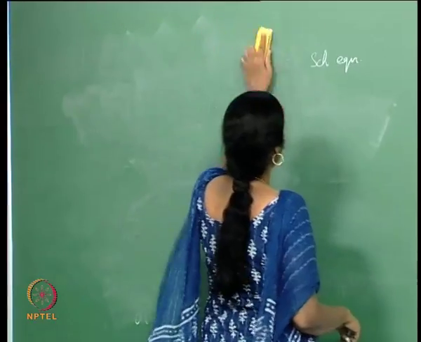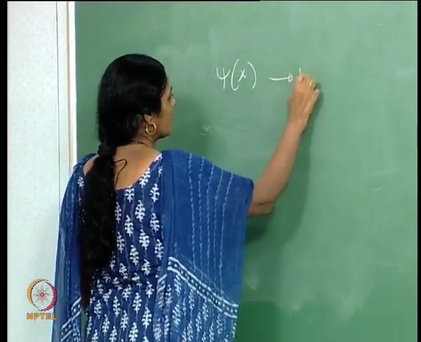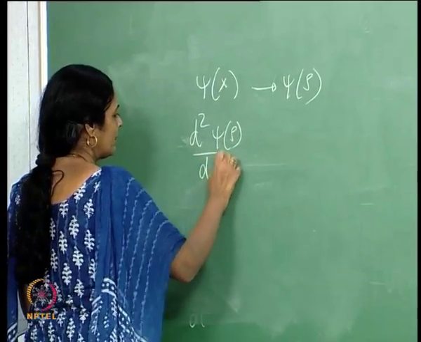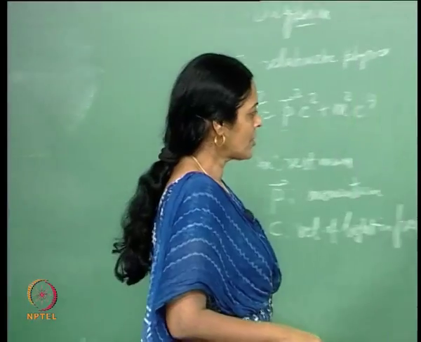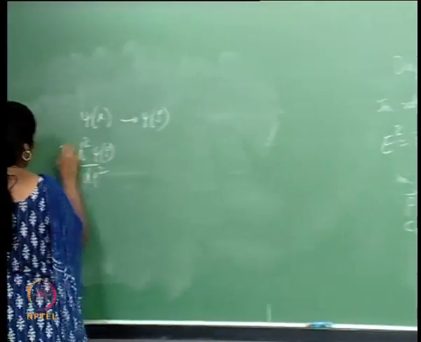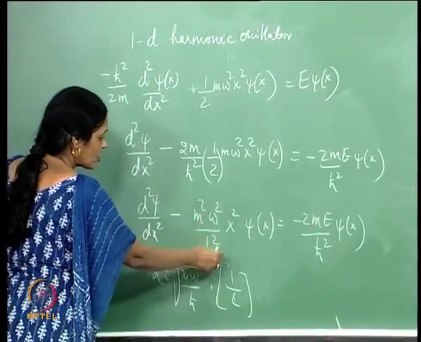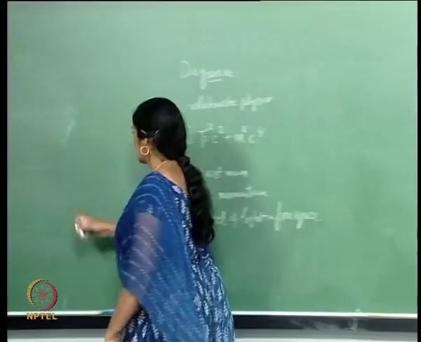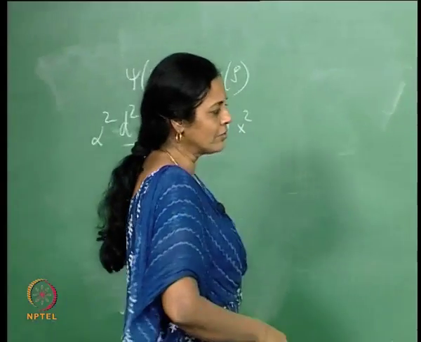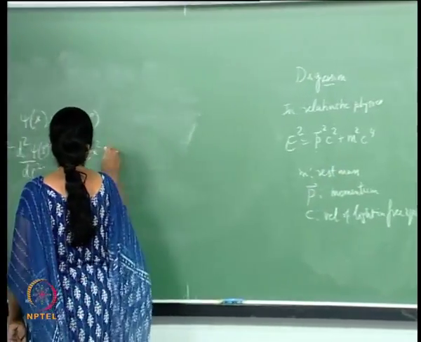We now have therefore psi of x has now become psi of rho, and we have d2 psi of rho by d rho squared. That is the first term, but then there is an alpha squared multiplying it, minus the second term. This is an alpha to the 4 x squared, keep it as x squared, we will take care of this later, psi of x, which becomes psi of rho.